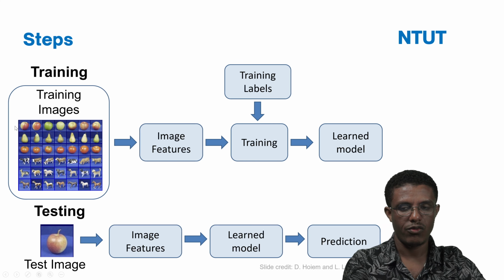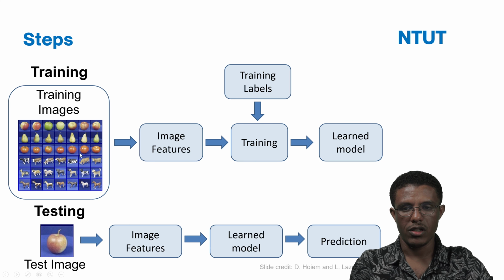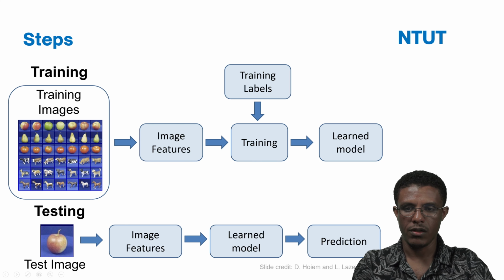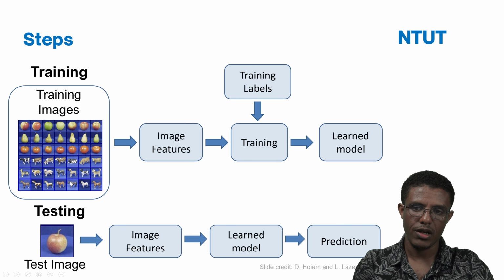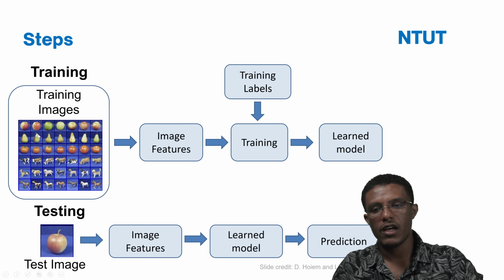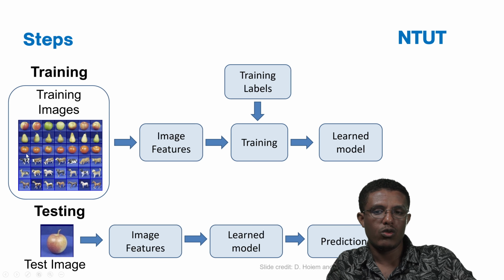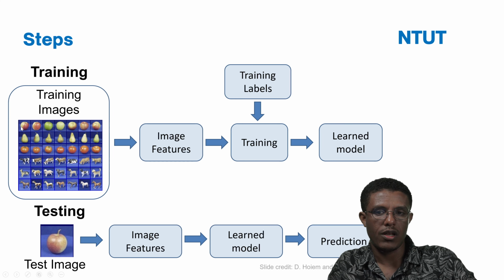Training labels mean, for example, this one is vegetables and then animals here. So we need to define that. First, in the training, we need to define the training label for each one. Let's say, for example, this one is a fruit. If this one is an apple, we can give the label on the side saying this one is apple.